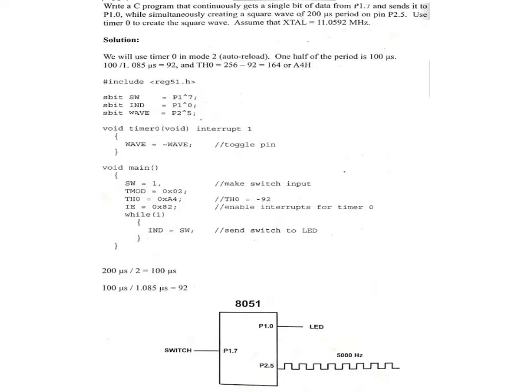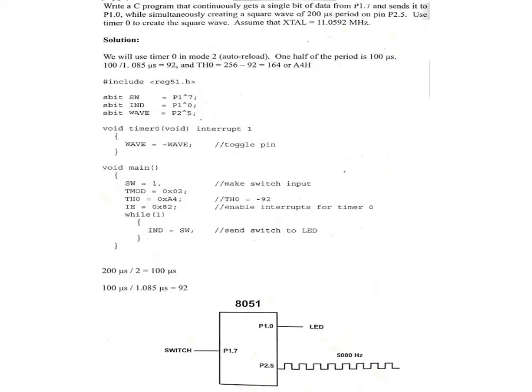So here SW is equated as 1. 1 means we are configuring that pin. SW means port 1 pin 7. We are configuring it as input port, and it is given in the question that timer 0 is used in mode 2.